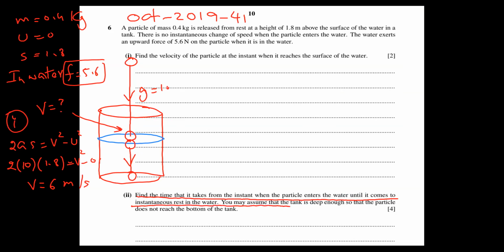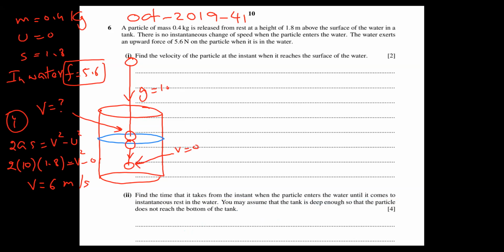You may assume the tank is deep enough that the particle does not reach the bottom of the tank. So maybe it stops somewhere in the middle, and at this point the velocity is confirmed to be 0.